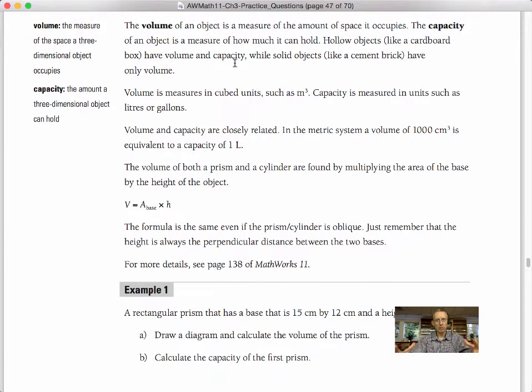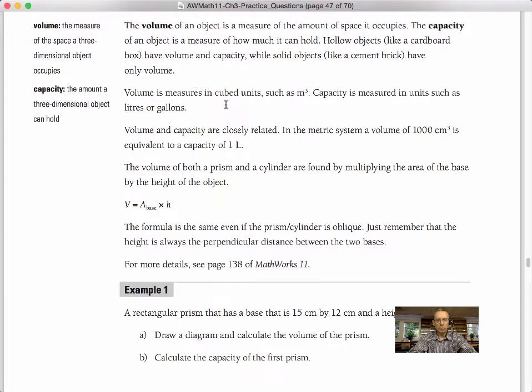It has a capacity to hold things. Whereas if it was a solid box with no inside, like a solid wooden block, then it has a volume, but it has no capacity to hold anything. So the capacity would be 0. So it just depends how hollow the object is as to its capacity.